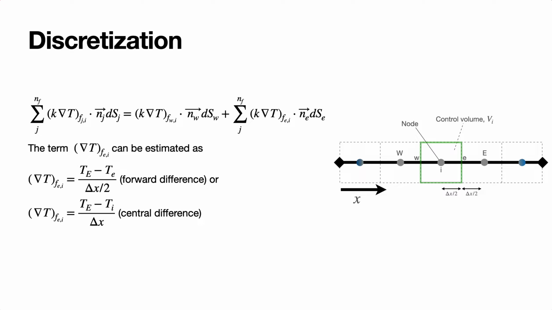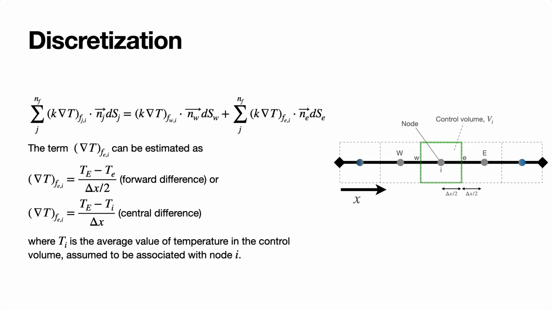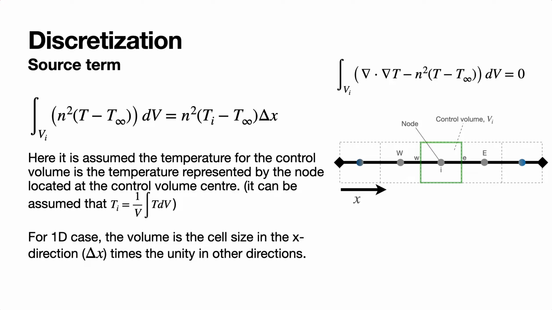Or we can use the central difference formulation that relates the temperature in the cell itself, which is Ti, to the temperature in the neighboring cell. Similarly, we can integrate the source term, which is quite simple here, considering that Ti here is the representative value of the cell itself. Now we have all the ingredients to write an equation for each inner node.